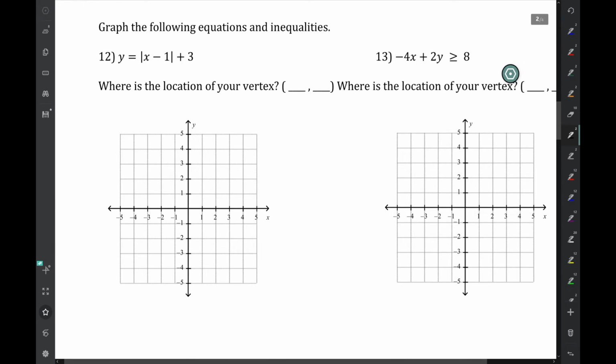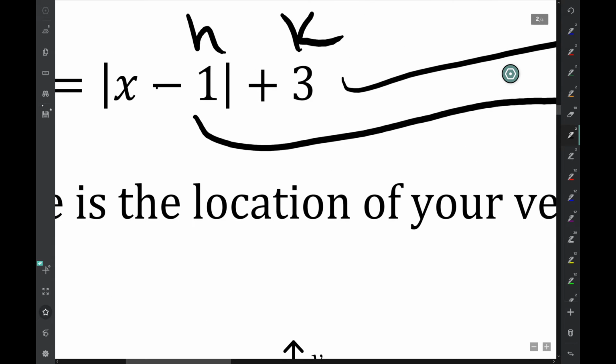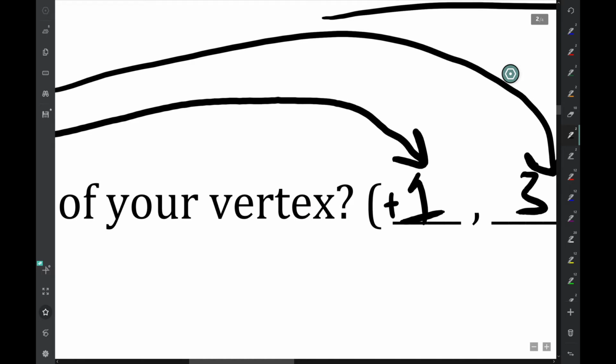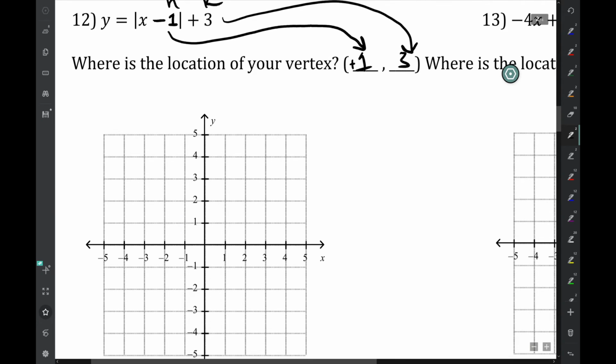Lastly, graph the following equations and inequalities. Vertex, h, k. H is the 1, k is the 3. Remember, because it's negative 1, it's the opposite inside, it's positive 1. Okay, plot that point first, over 1 up 3.